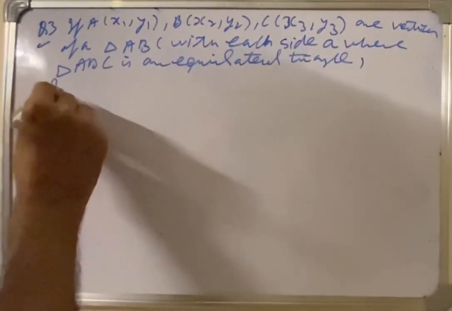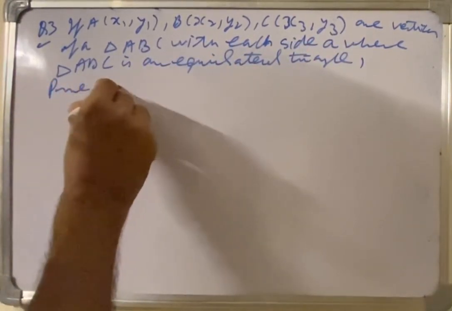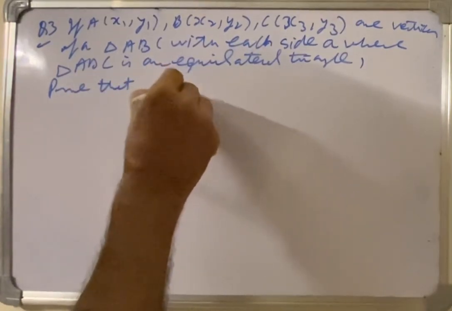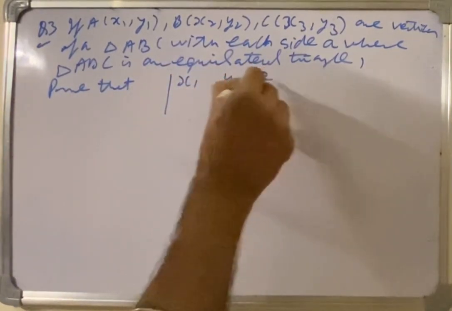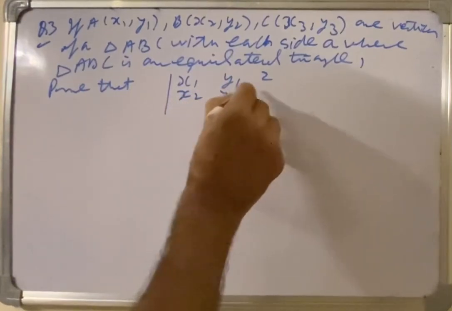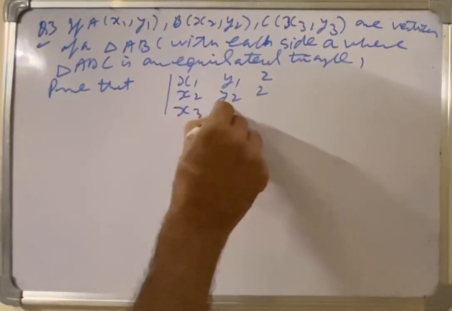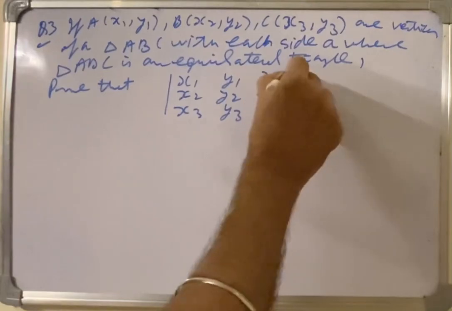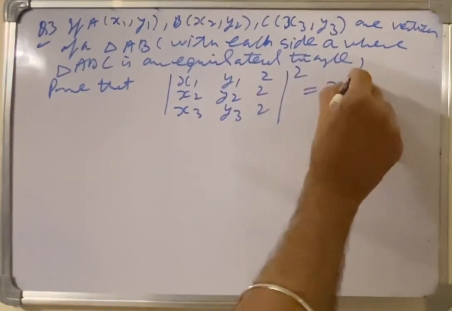Prove that the determinant of x1 y1 2, x2 y2 2, x3 y3 2 whole square is equal to 3a raised to the power 4.